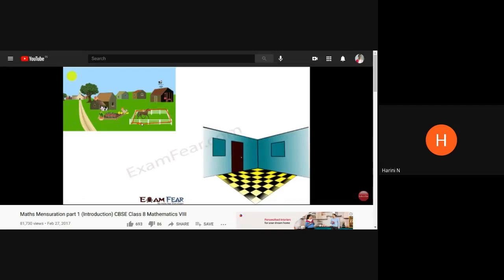Let's look at one more example. Let's say this is your room and you want to get a carpet flooring done for the room. So what do you need to measure in this case? Because you again need to know, right, that what should be, how much big or small the carpet has to be. So in order to do that, you need to know the area of the floor. That means how much area does the floor cover.